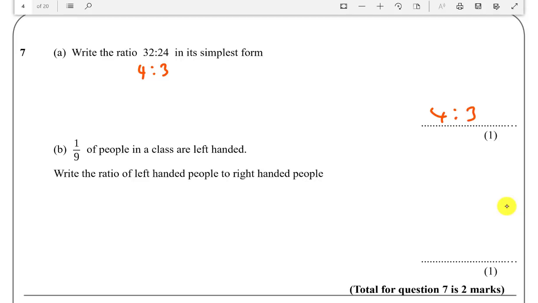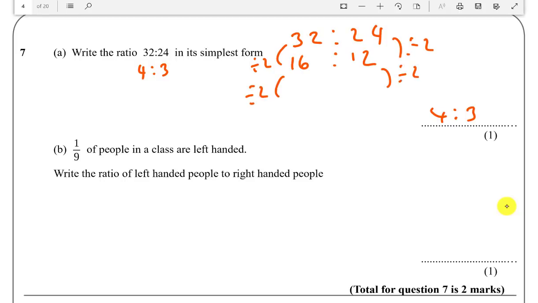Now, what else you can do is, if you're not sure about what number goes into 32 and 24, you can divide it by 2. So divided by 2 and divided by 2, that gives us 32 divided by 2 is 16, 24 divided by 2 is 12. It's not in the simplest form, so divide by 2 again. So it'll be 8 and 12 divided by 2 is 6.